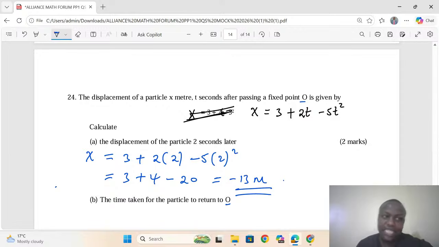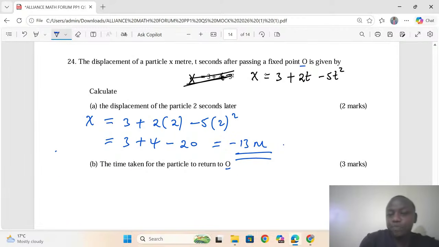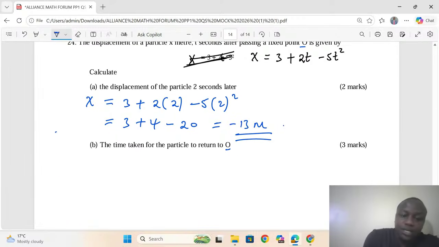Even if you've covered 1,000 kilometers, the displacement is 0 because at the end of the day, you are where you were. Therefore, we need the time taken for this displacement to become 0.